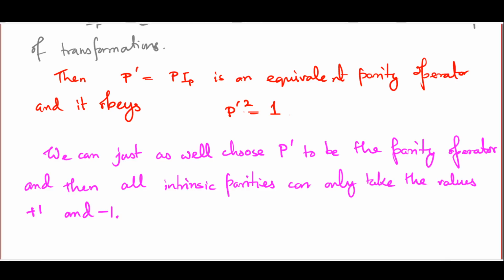Maybe I would be able to make P prime square equal to 1, thus ensuring that the intrinsic parities, the etas, are either +1 or -1, but that may rob me of my ability to actually make the phases, the intrinsic parities of these three particles, equal to +1. Maybe they will end up with -1.